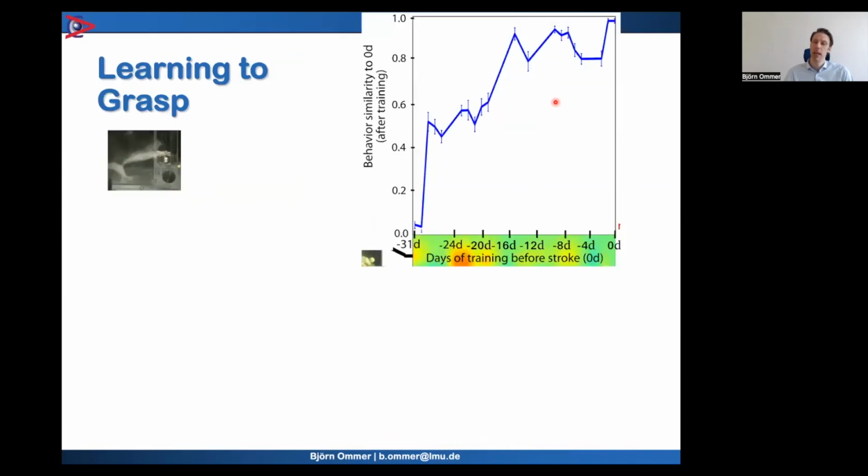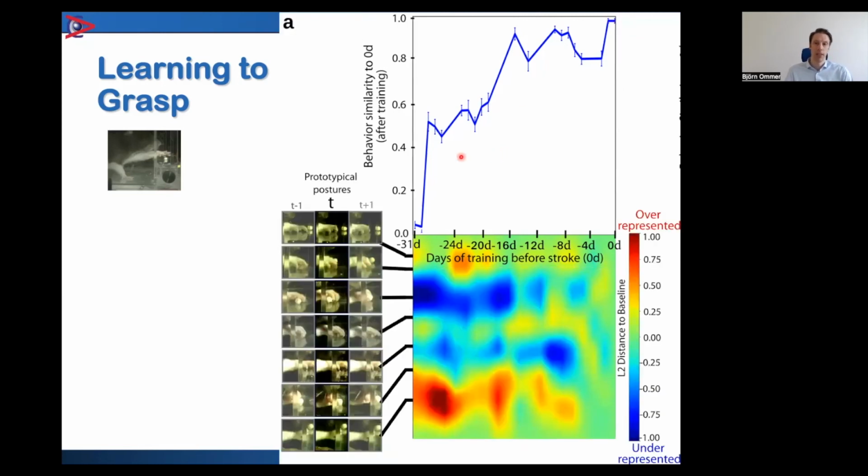But can we go deeper? Here we have trained rats for a month to grasp. And we then compare their behavior as training progresses against that of trained rats here at 0 days. And you can not only see that their behavior gets ever closer to the trained state, but you can also see how it is getting closer.